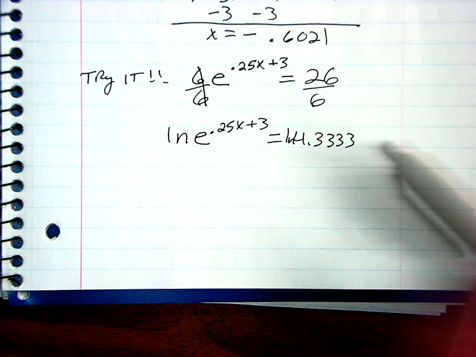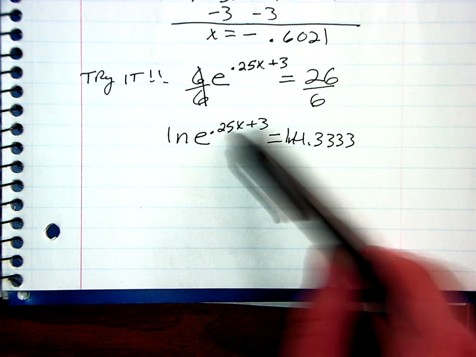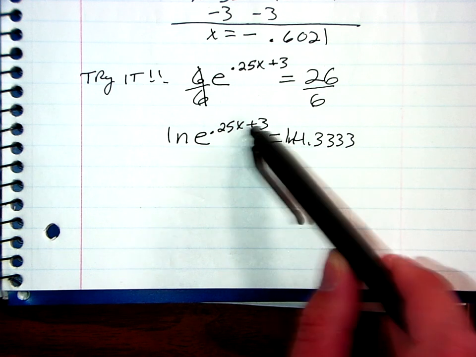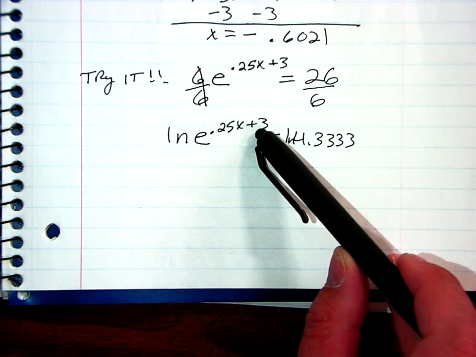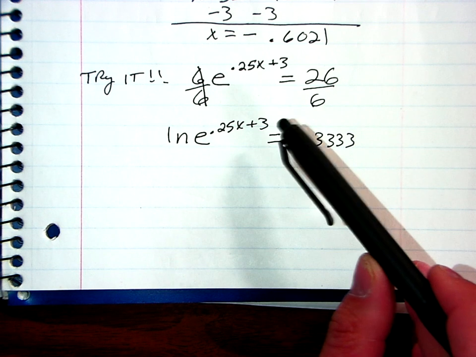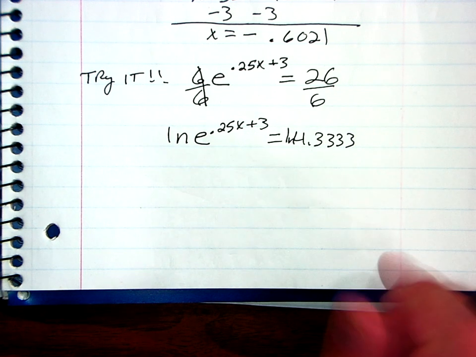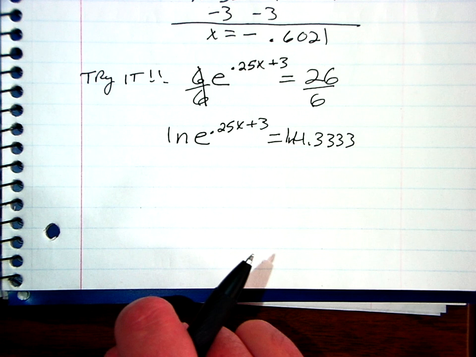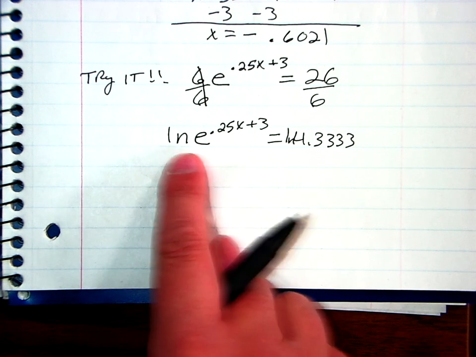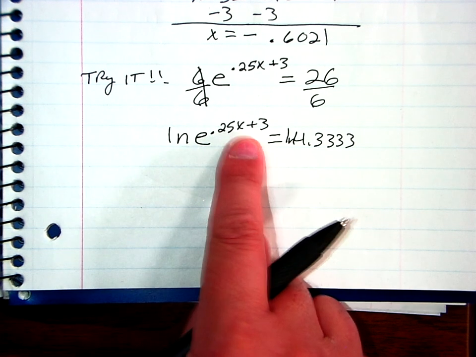You were right. So now, we can use our power product property to do what to the exponent? No. We can bring it down in front. That's our power product. If we have a log and an exponent, we can bring the exponent down in front.